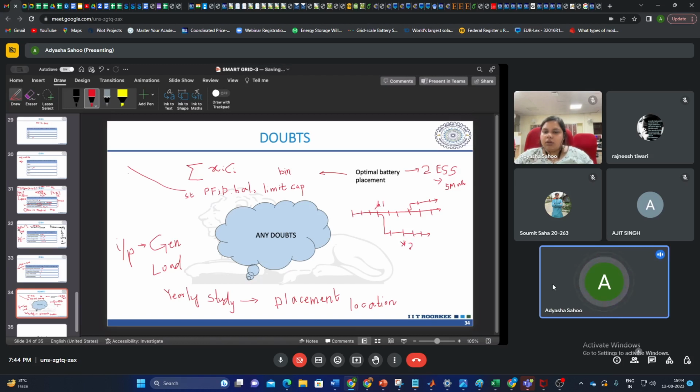By deploying these, we'll get the optimal operation of this system. So for this, it is necessary to carry out the optimal battery placement problem. I hope it is clear to everyone.